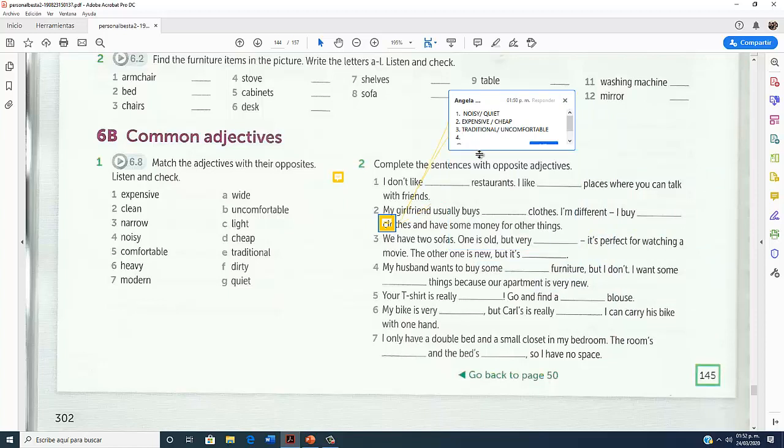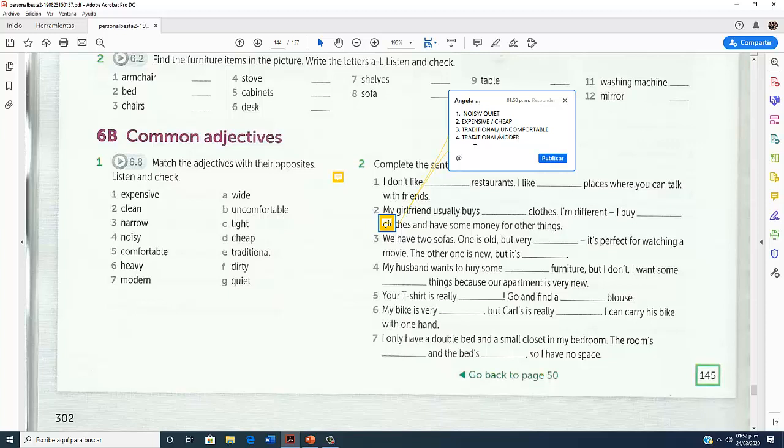In number 4, the sentence says, my husband wants to buy some furniture, but I want some things because our apartment is very new. So my husband wants to buy some traditional furniture, but I want some modern.